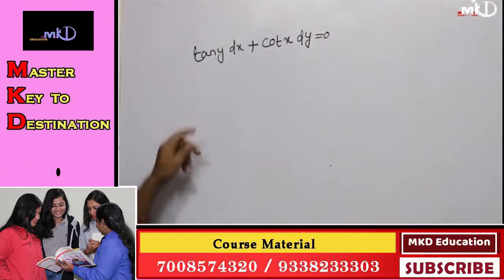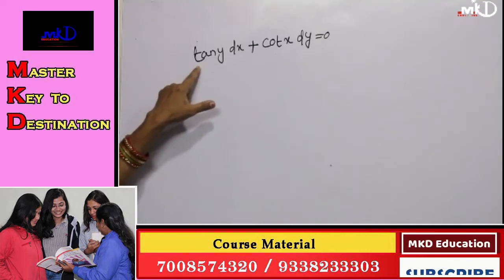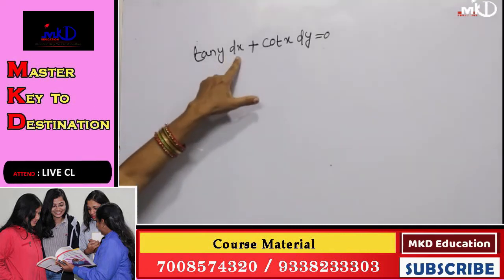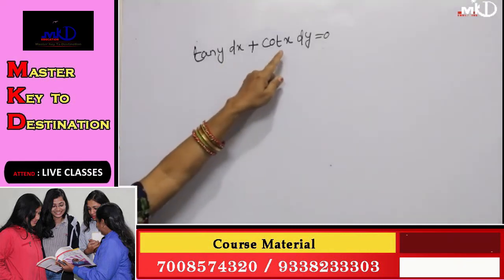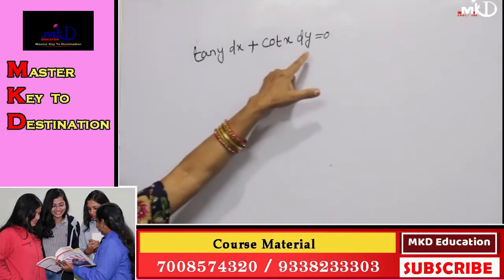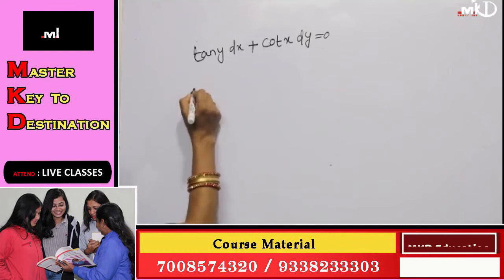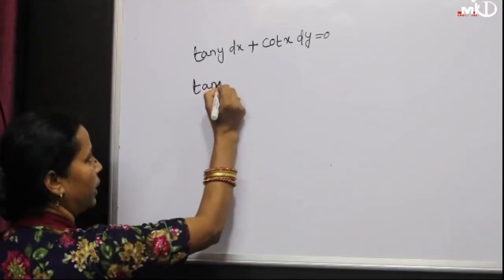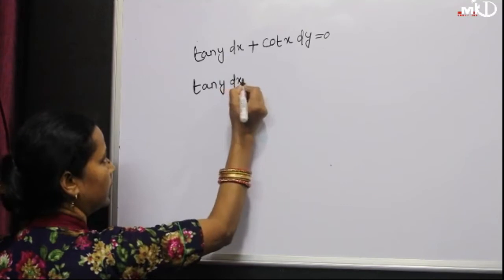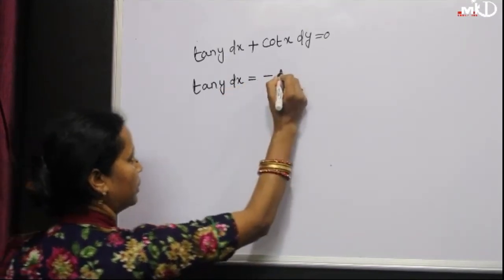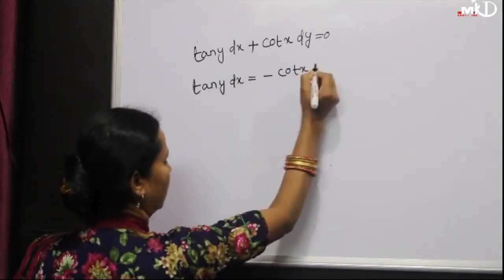Now you see, we find the product of y function into dx, and here also the function of x into dy. So now we separate the variables, that is tan y dx is equal to minus cot x dy.